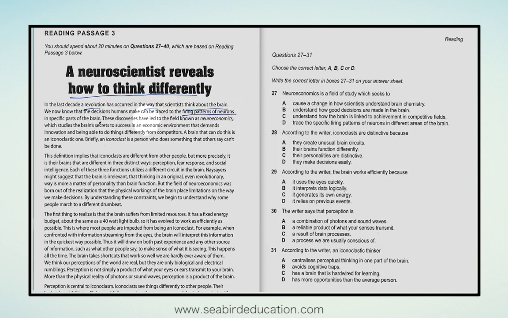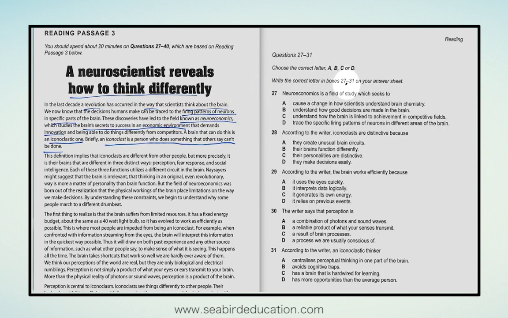Firing patterns of neurons. Study the main secrets to success in economic environment. Definitely, the brain can do this. An iconoclastic one is the person who does something that others say can't be done.